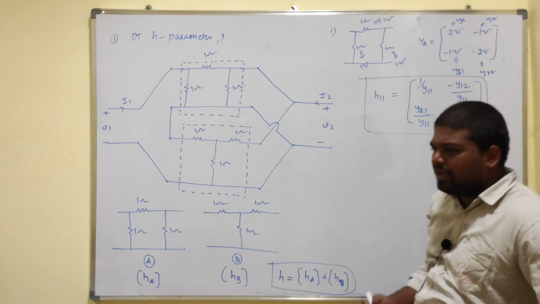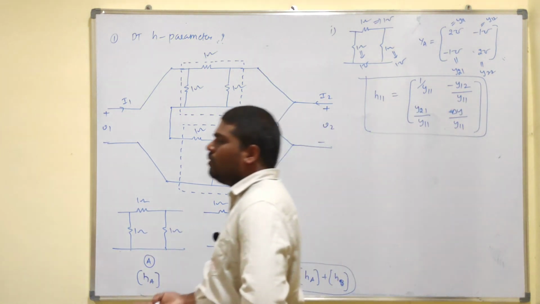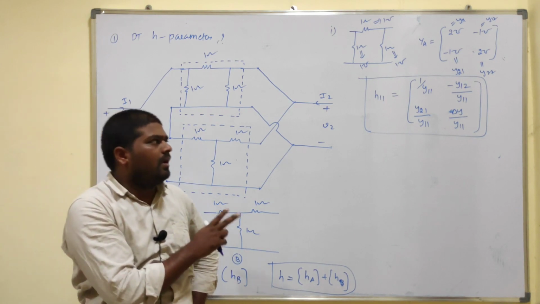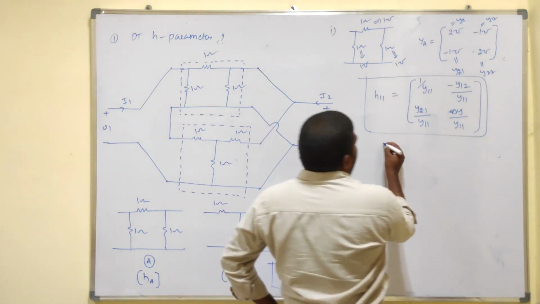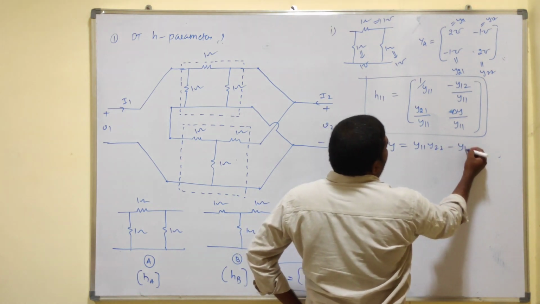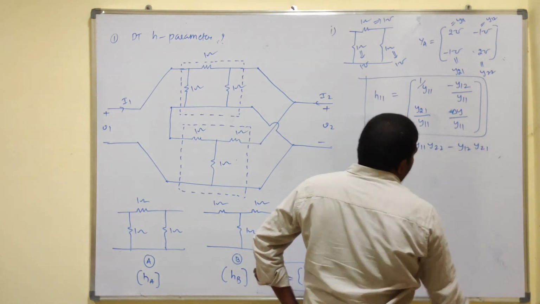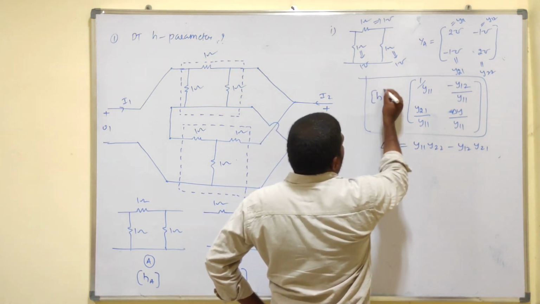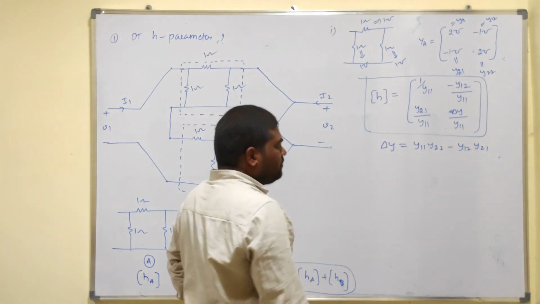Otherwise, Y parameters can be converted into the H matrix. So that is the conversion formula, right? Here delta y is nothing but what? Delta y equals y11 into y22 minus y12 into y21.